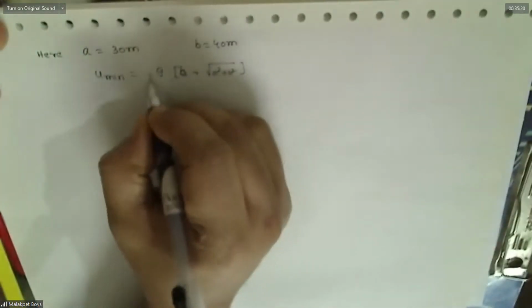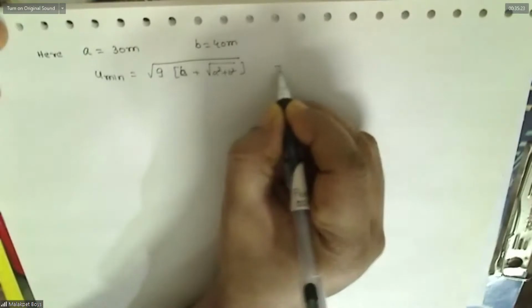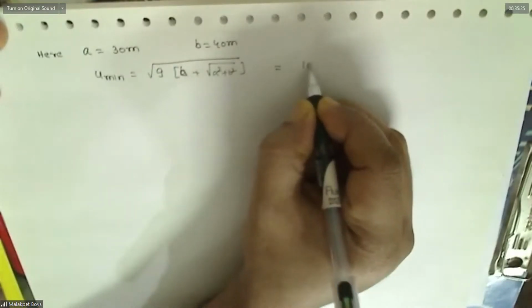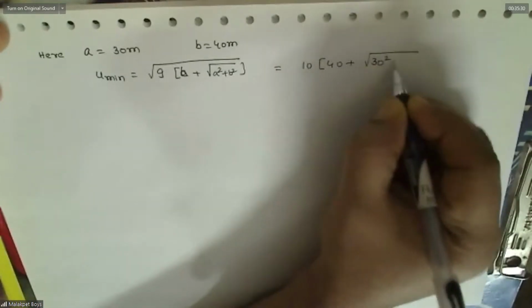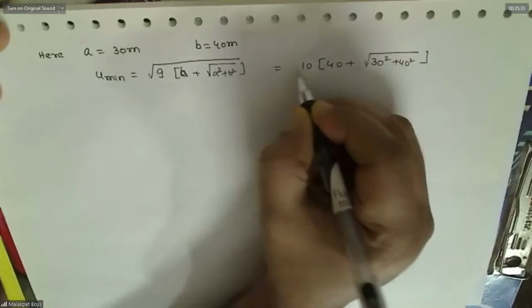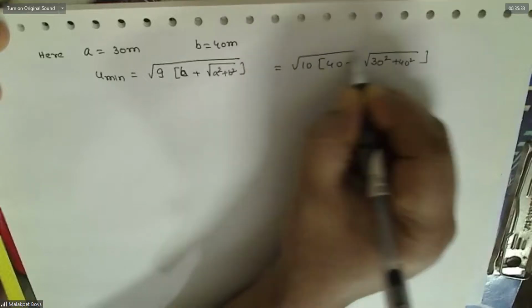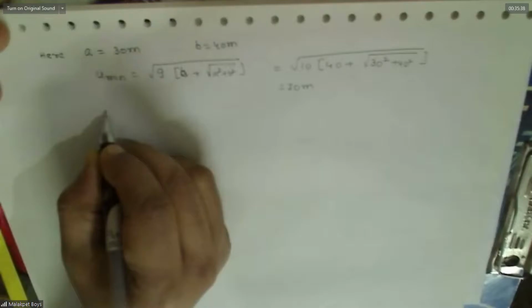Thirty meters per second. How much are you getting? Substitute that. 30. And tan alpha is how much you have?